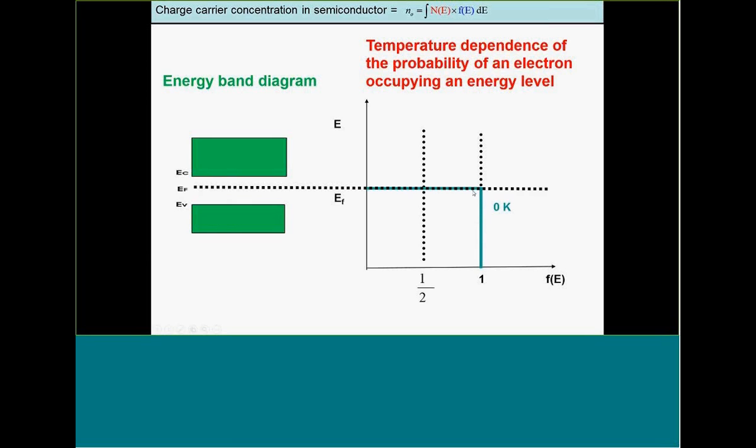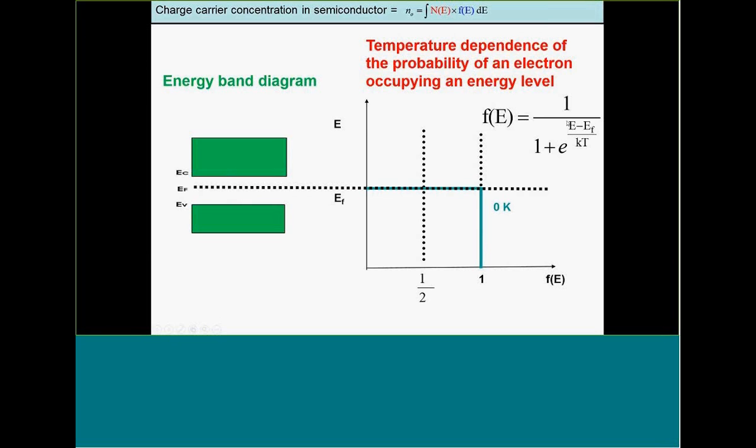Okay. You see here now, if at 0 K, so kT is equal to 0. If E, in this particular region, E is very high, E minus EF gives a positive value.